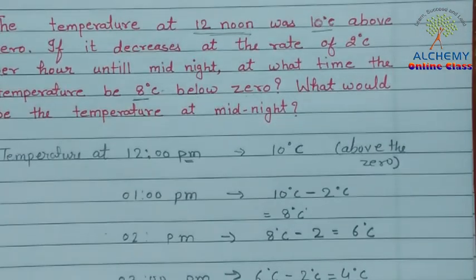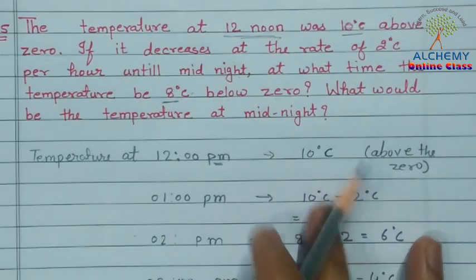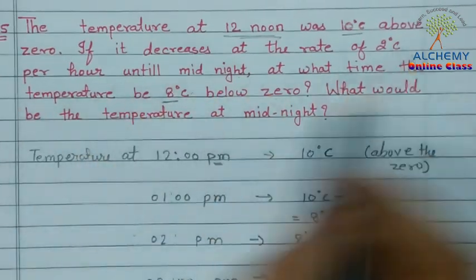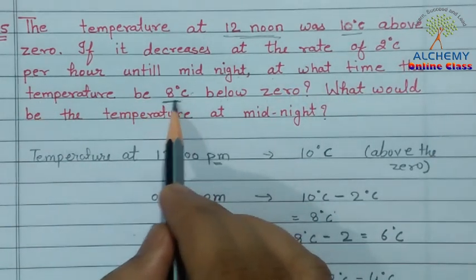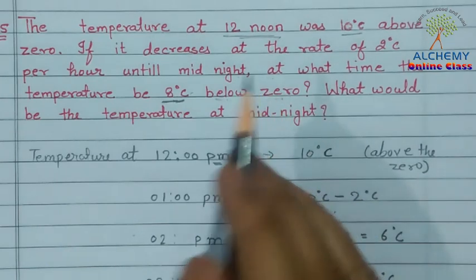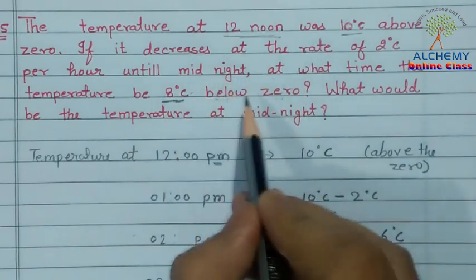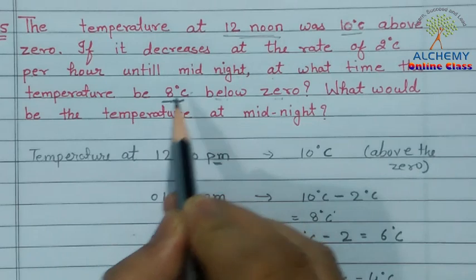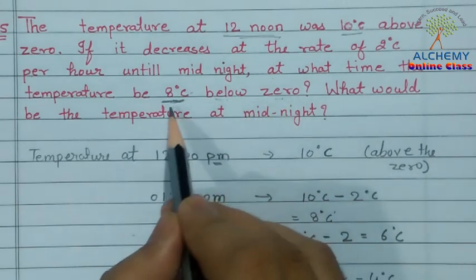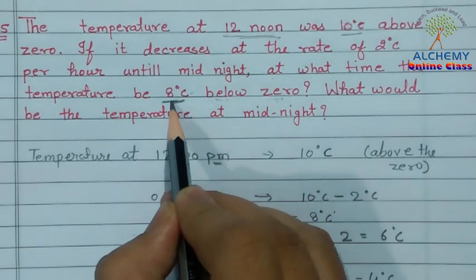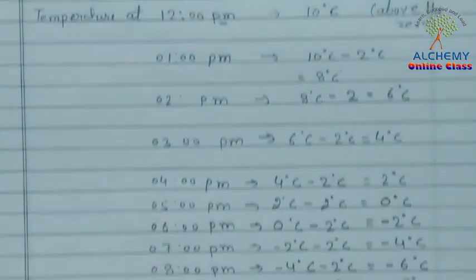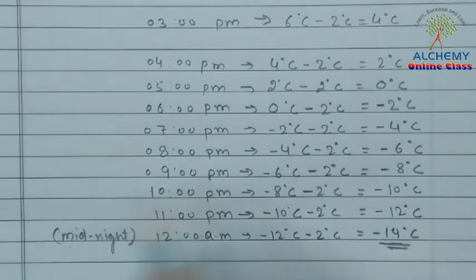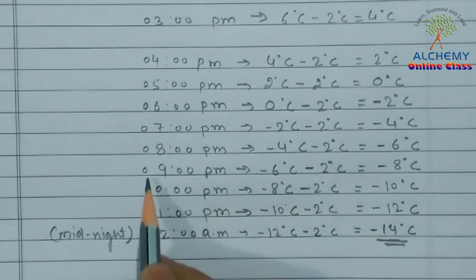The first question is, see what is the first question? At what time will the temperature be 8 degrees Celsius below 0? Means we have to find the time when the temperature was minus 8 degrees Celsius, because it is showing the temperature below the 0. It means that it is representing the negative temperature. So at what time was the temperature minus 8 degrees Celsius? So let's find it out.